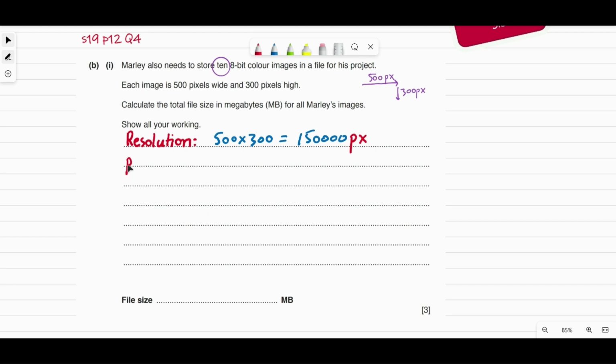If a single pixel is taking 8 bits, then how many bits will 150,000 pixels take?